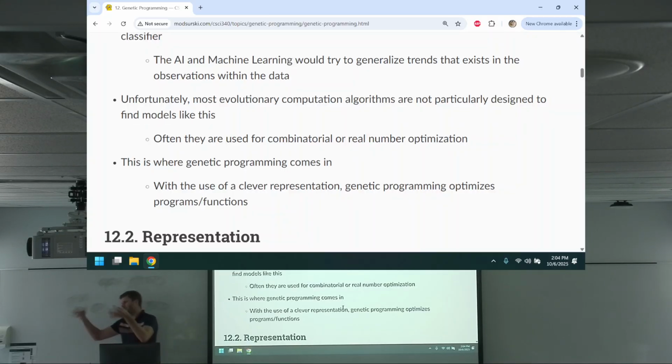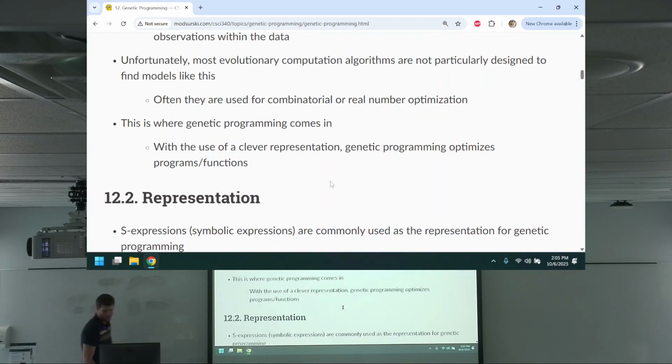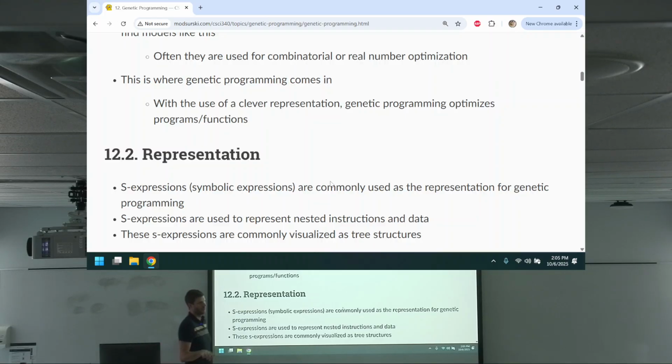So if we're putting our evolutionary computation hats on, general evolutionary computation strategies aren't really well designed for a machine learning task like this. But genetic programming is. With a clever representation and genetic operators designed for it, we can build an evolutionary algorithm that evolves functions or programs, classifier programs, to correctly classify this data.